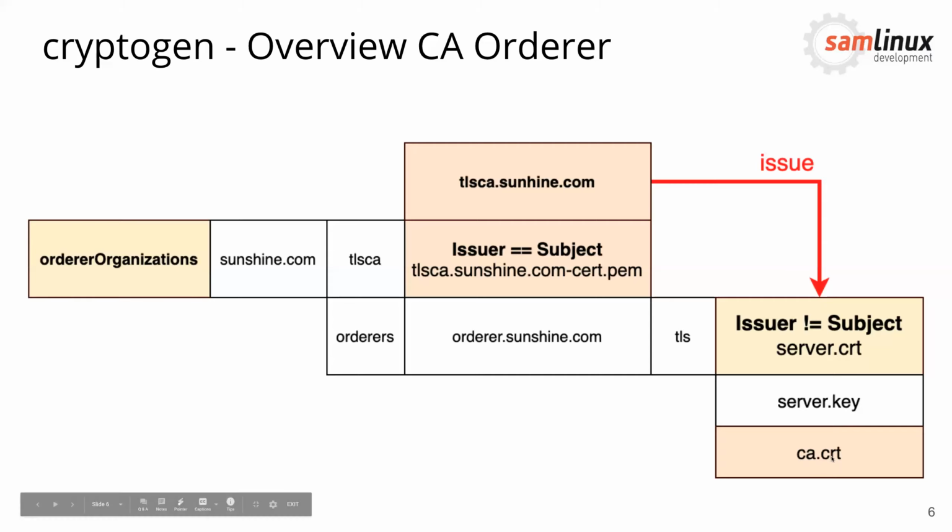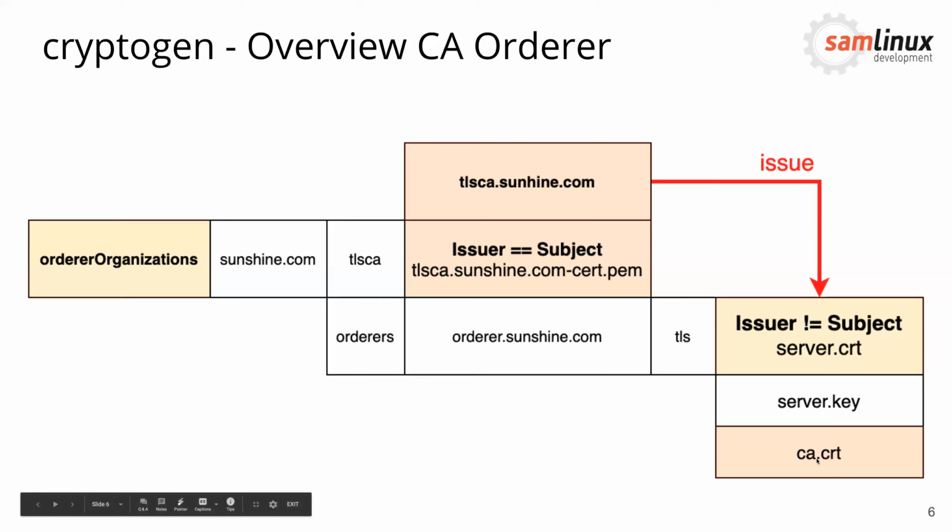And that's the same as here. So the cryptogen copies this certificate in a lot of different folders. So therefore here's the same color. And this certificate, TLS CA sunshine.com cert PEM, is the same as this.